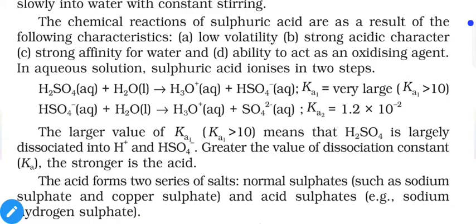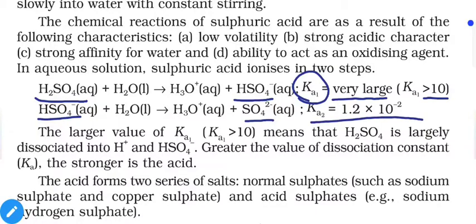In these 2 step reactions, H2SO4 will release one H plus and you will get HSO4 minus, and for this reaction Ka is very large, more than 10, so you will get a large amount of product. In the second reaction, this HSO4 minus releases one more H plus to produce SO4 2 minus. The Ka value, or dissociation constant, for this reaction is 1.2 into 10 raised to minus 2.